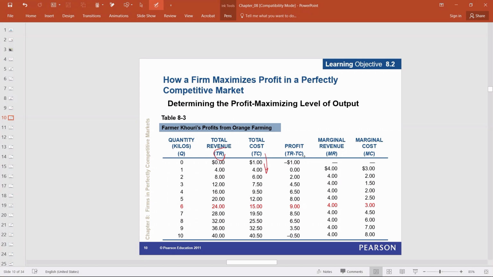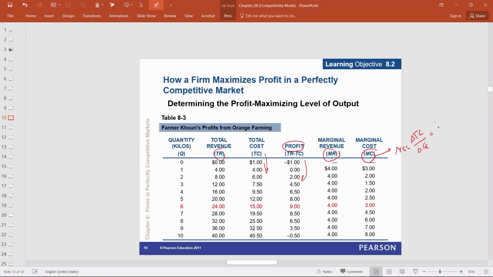This is the profit, which is the difference of total revenue minus total cost for each level of quantity sold. Marginal revenue was already calculated in the previous table, and marginal cost is the change in total cost because of change in the quantity.